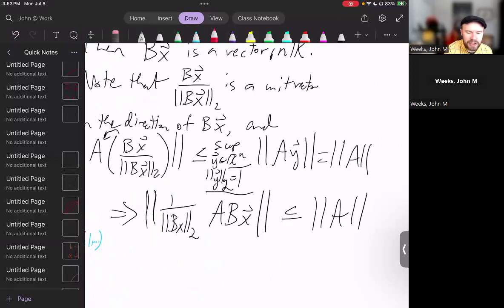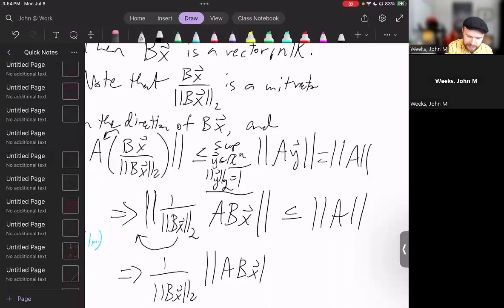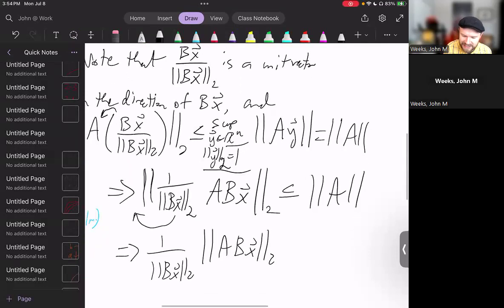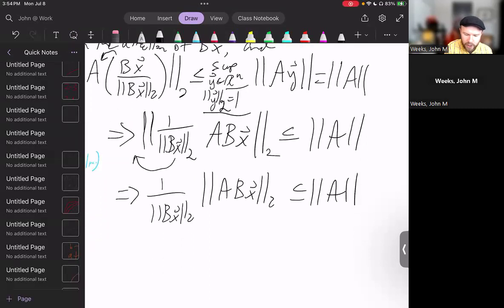But notice something else I can do with scalars. I can also move it outside of the norm. So I could say that this is 1 over the 2 norm of Bx times the 2 norm of ABx. These are all 2 norms here, by the way. And that's less than or equal to the norm of A. Then I can go a little bit farther and get rid of the fraction.